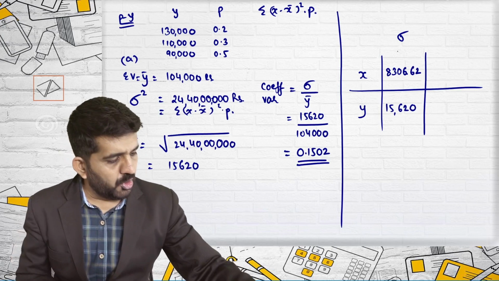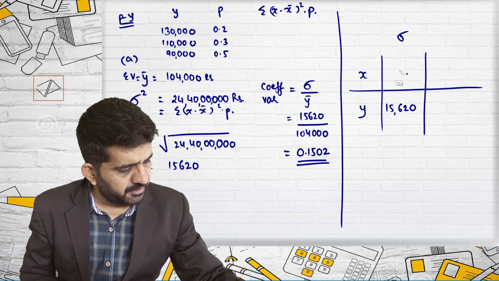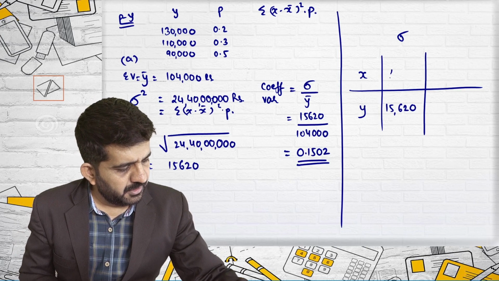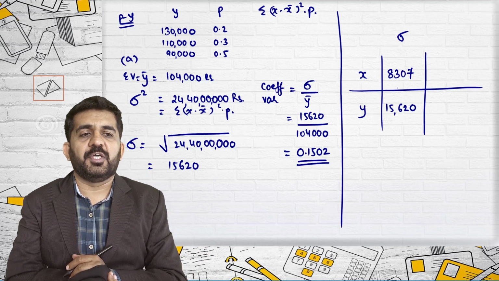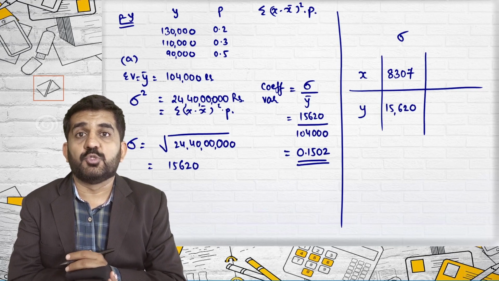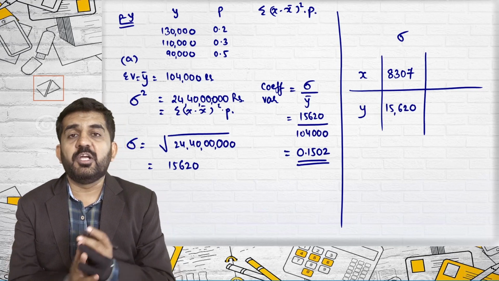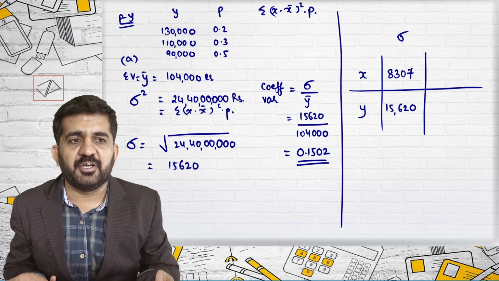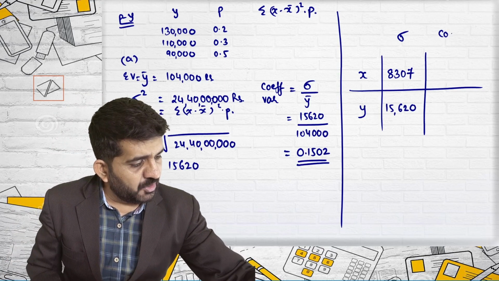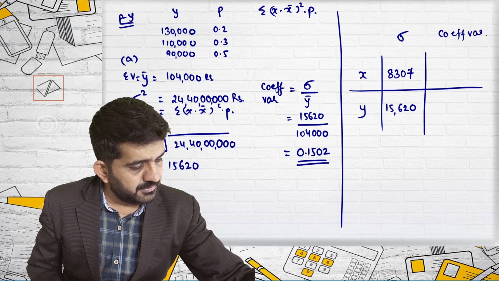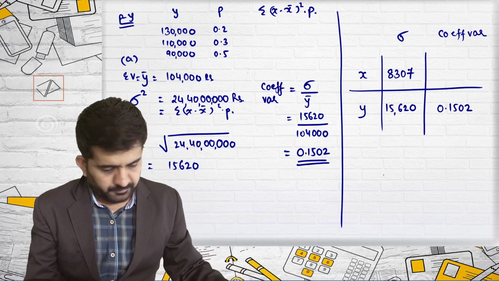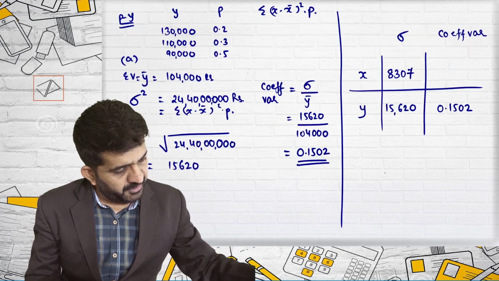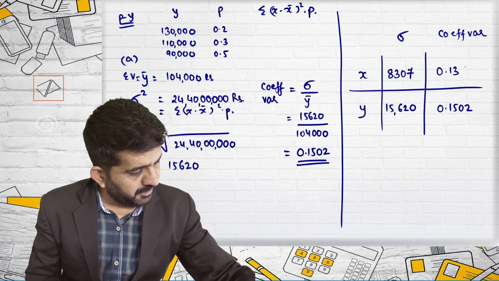If you compare these two figures, you will feel that project Y is more risky. Here we are only measuring risk, not any return. But if you see coefficient of variance, this will be 0.1502 and this will be 0.1362.